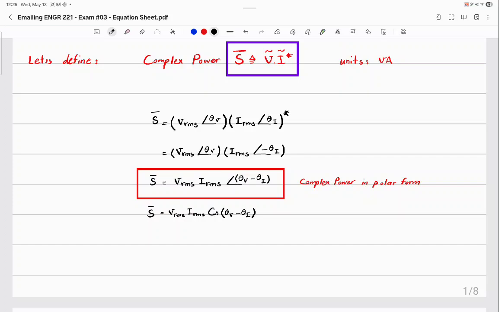Then plus V RMS I RMS sine of theta V minus theta I. Wait, you got your bonus point, but you're missing something.